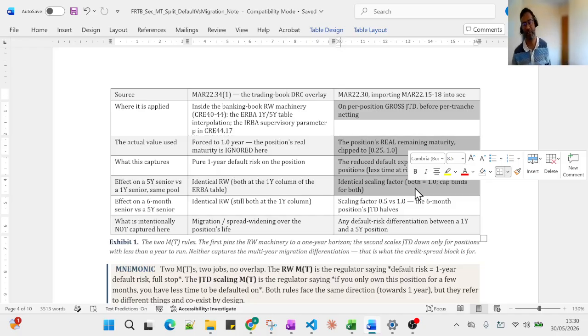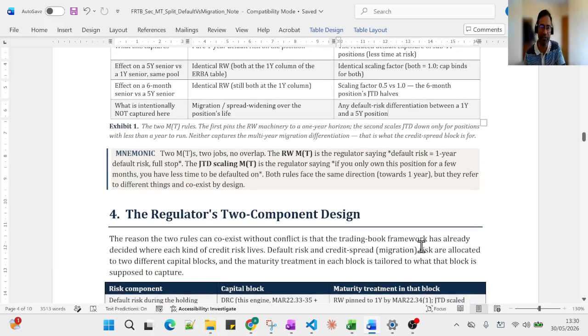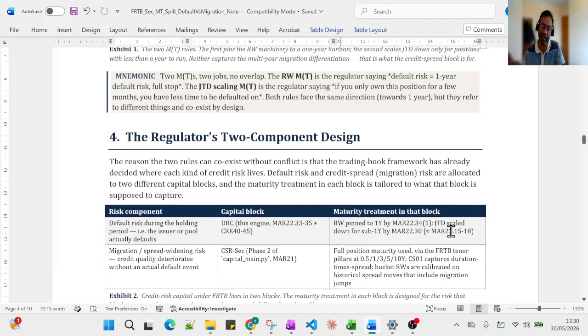So the regulator Basel splits credit risk capital requirement into two major buckets. Okay, DRC capital, default risk capital, and your second major bucket, which is a migration risk charge. Okay, credit migration risk charge, which stays in a different bucket, which is the standardized approach credit spread charge, CSR. So there are two major buckets. The second bucket, the CSR bucket, captures your migration risk, credit migration risk, not the default risk.